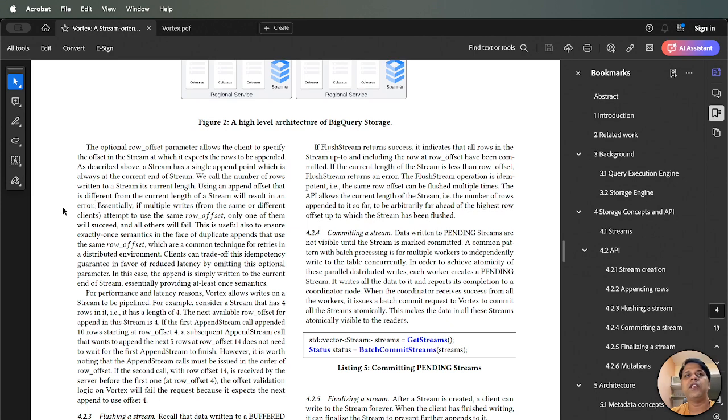If you try to use anything else, it will fail. Essentially, if multiple writes, whether from different clients or the same client, try to use the same offset, only one will succeed, and the others will fail.